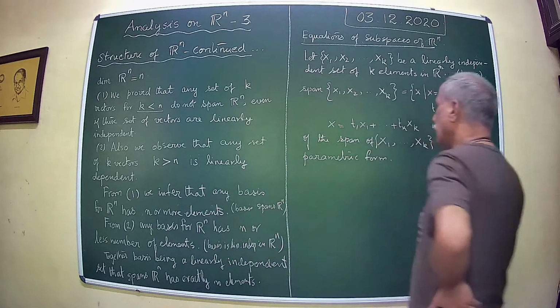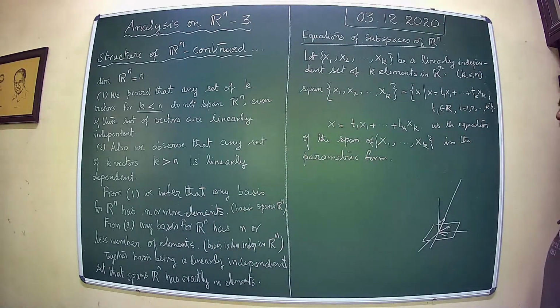The parameters are t1, t2, etc. tk. Okay, so this is in the parametric form.